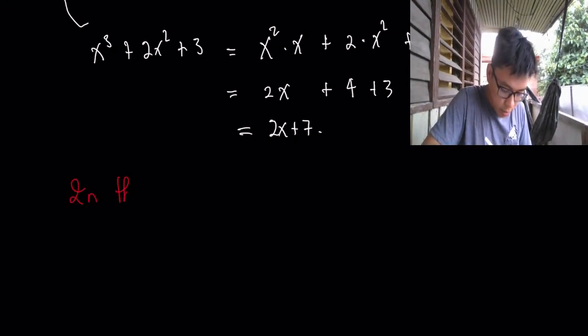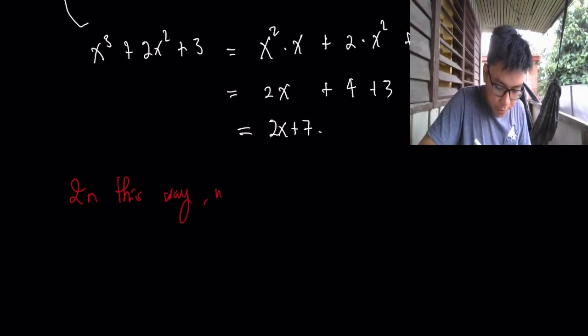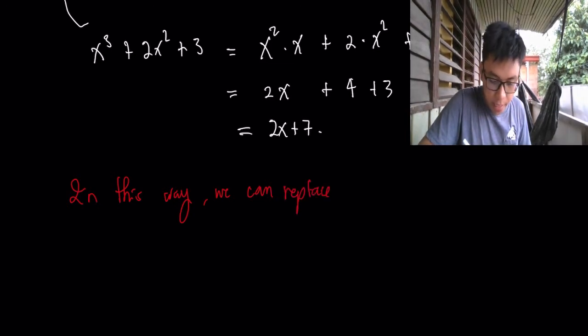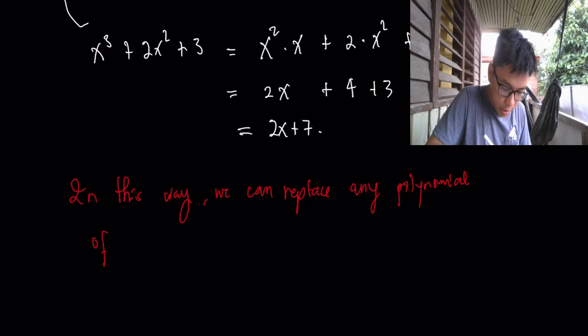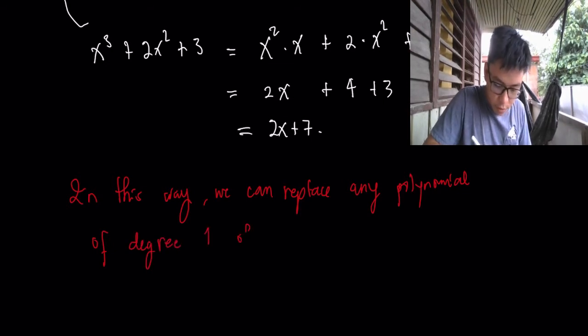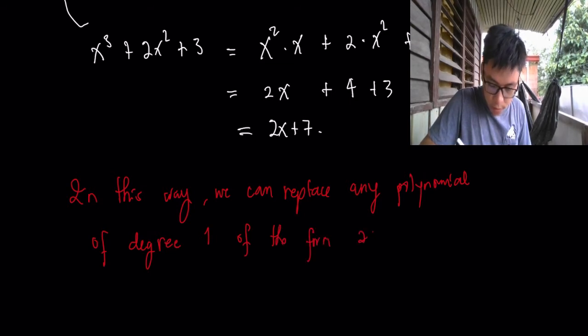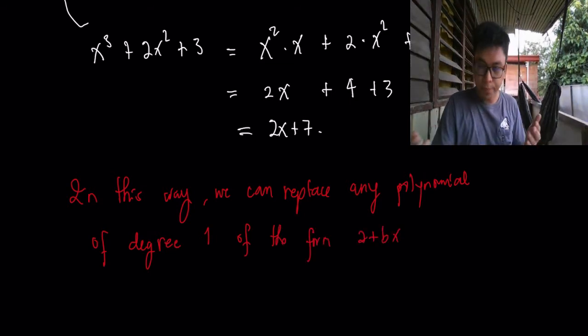In this way, we can replace any polynomial by one of degree 1 of the form a plus bx.